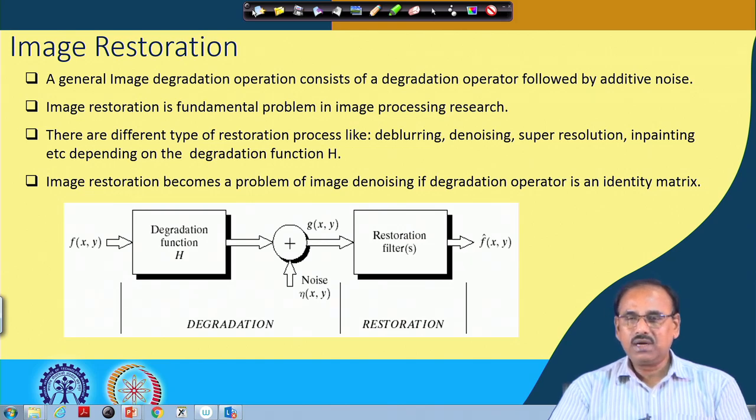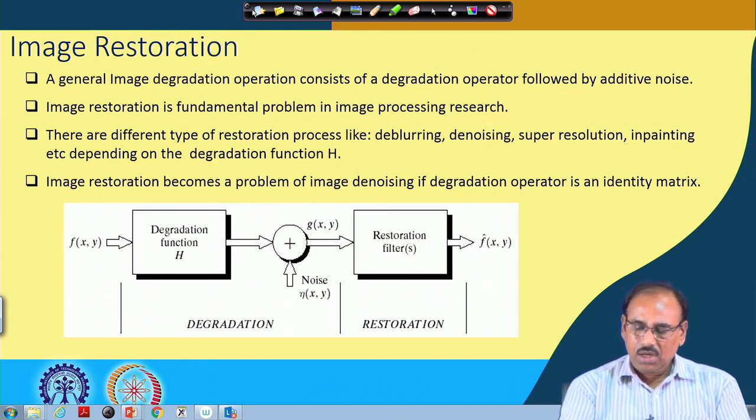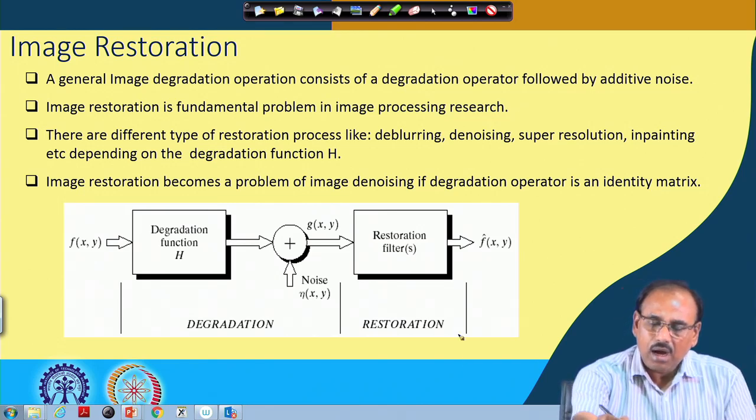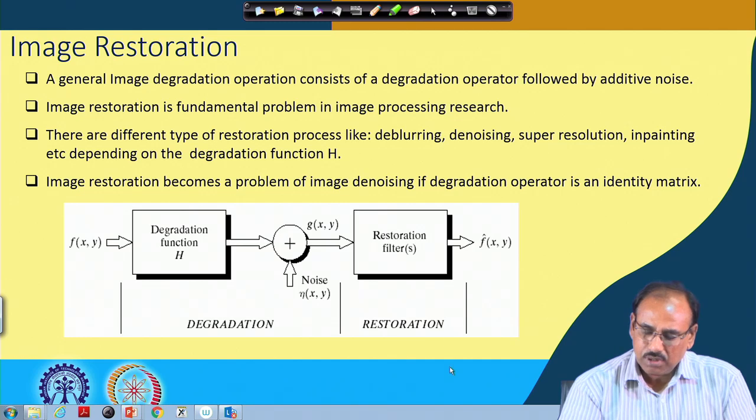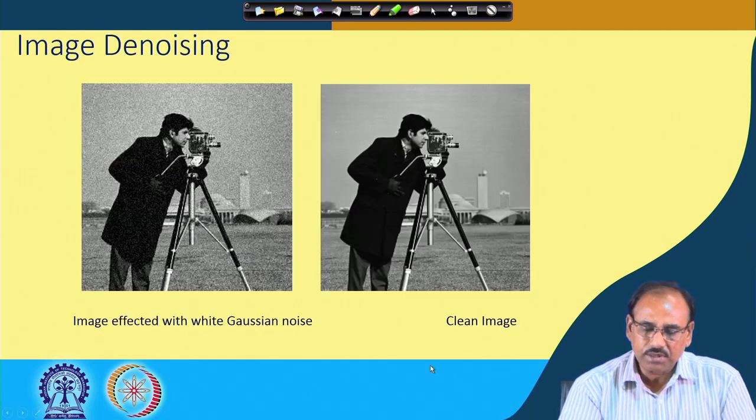So, what are your training sets and what is your loss function? These two actually decide what the function of the neural network will be, how the neural network will behave. So, let us see how you can use the neural network for the noise filtering operation.